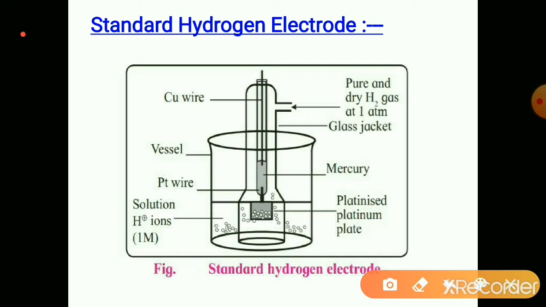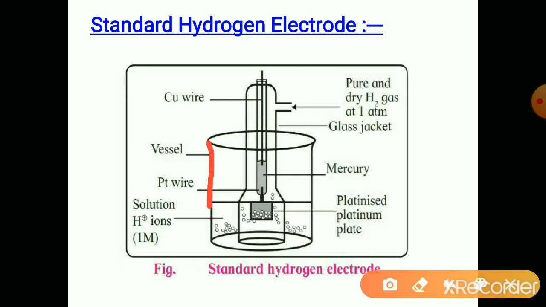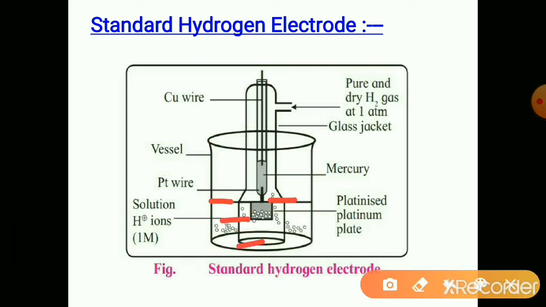See the construction of the standard hydrogen electrode, that is SHE. In this, a vessel is taken, and this vessel is filled with H plus ion solution having 1 molar concentration.